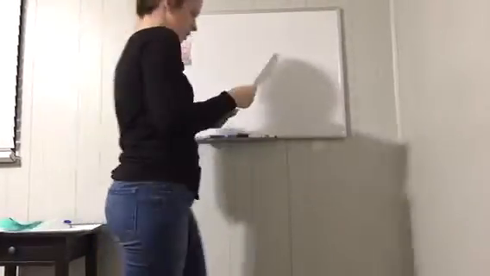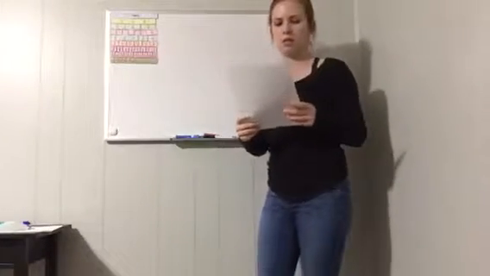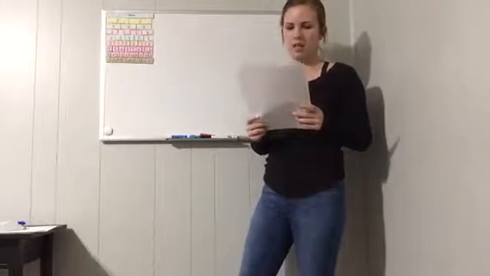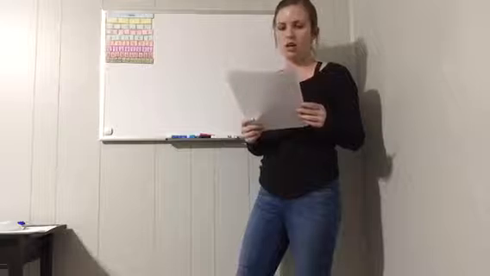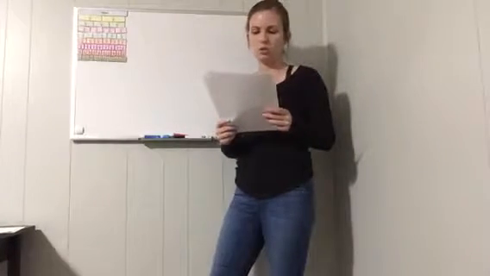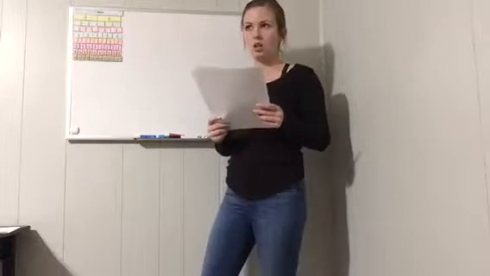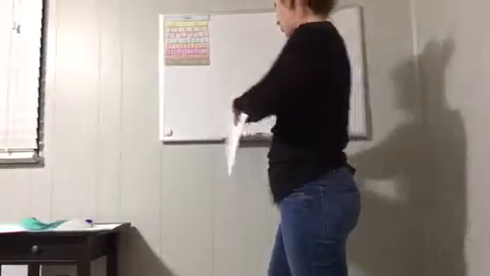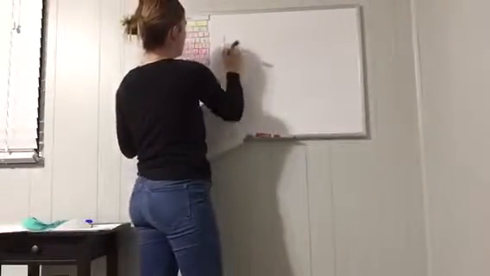And then our next question is, Jane and Elijah went out to lunch. Jane ate 1/3 of her cookie and Elijah ate 2/6 of his cookie. Who ate more of their cookie? So we would do the same thing all over again. We would make 2 boxes.